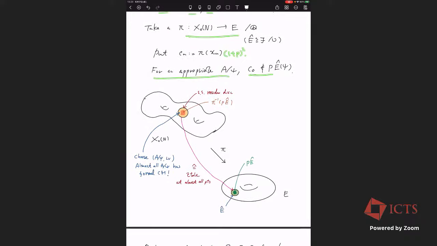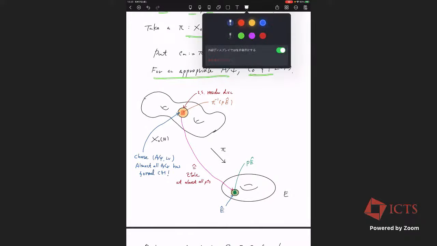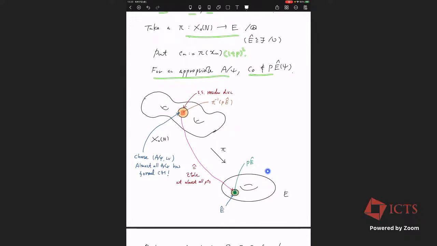Maybe you can look at this picture. This is the modular curve. This is E, and we take the modular parameterization, and by choosing, pi is étale for almost all points. So the ramification points are finite, so we can choose an appropriate supersingular point. Then the residue disk at the origin of E and the residue disk at the supersingular point are isomorphic.